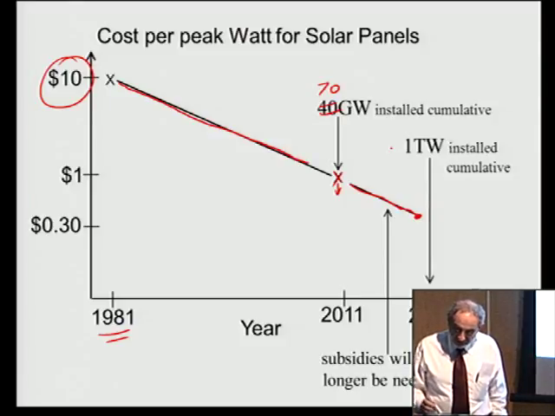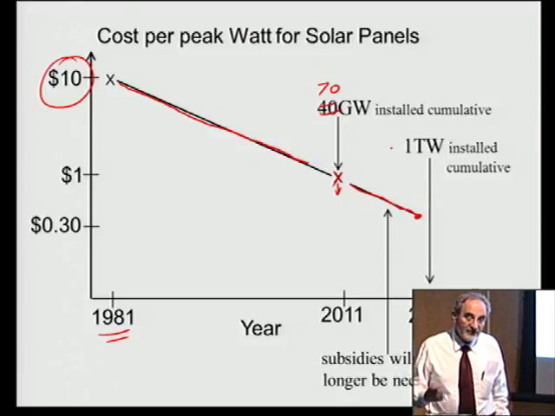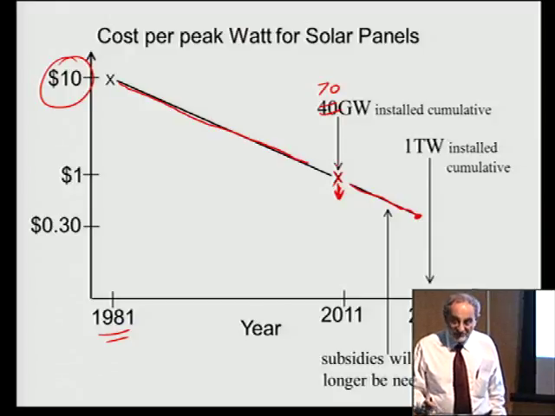So that's what's projected. But instead, what has happened is due to the tremendous production subsidies in China, a price war has broken out. And now the solar panels, well, no one wants to admit how low the price is. There are rumors of a price of 40 cents a watt.